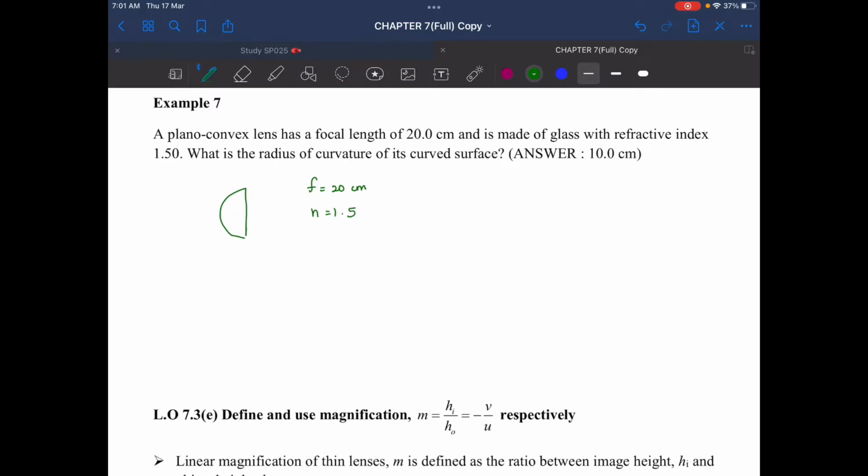And to refractive index to n, So the question wants what is the radius of the curvature of its curved surface. So we wants to know the radius for this curved surface, okay. So this Miss label sebagai R1 lah sebab kita jumpa dia dulu. And then this one is barulah R2 lah, okay. Right.